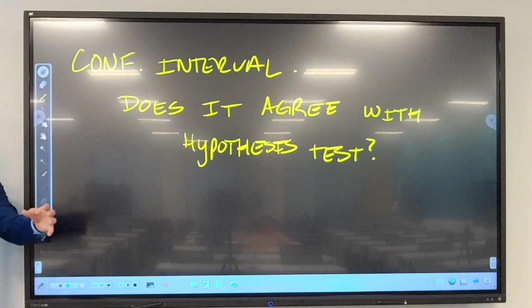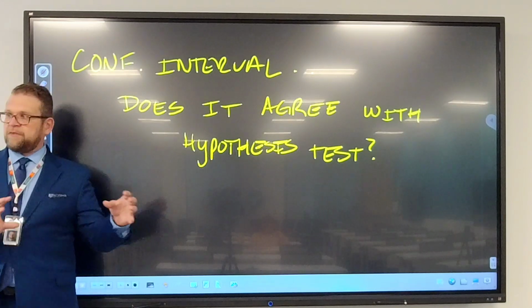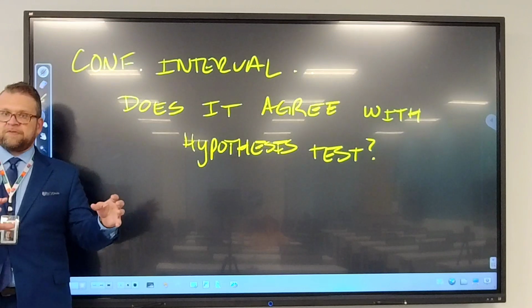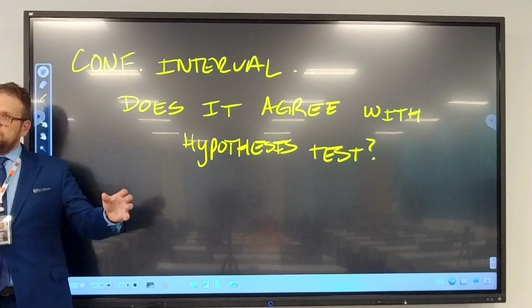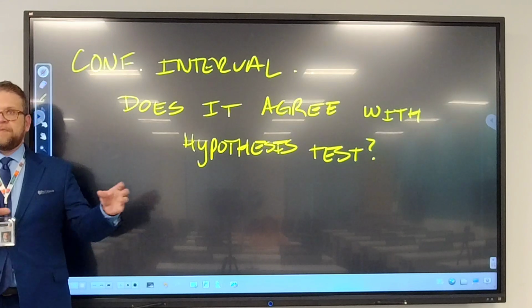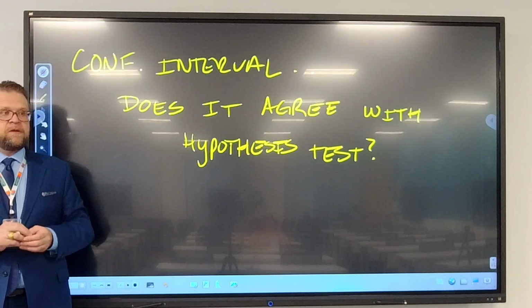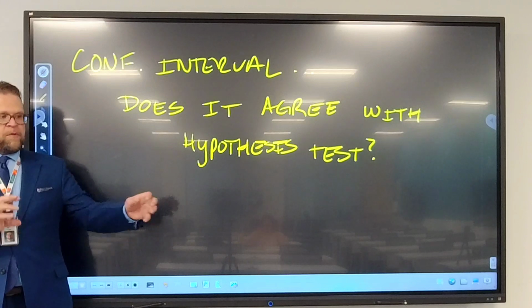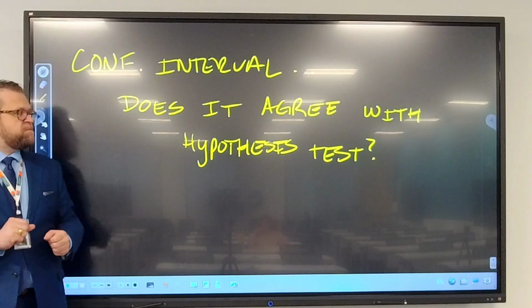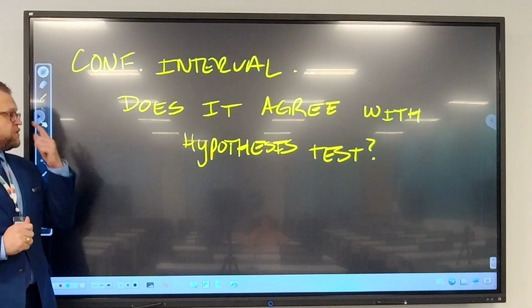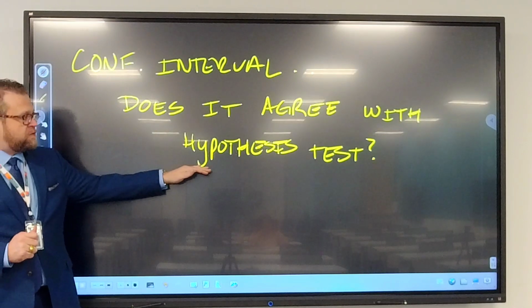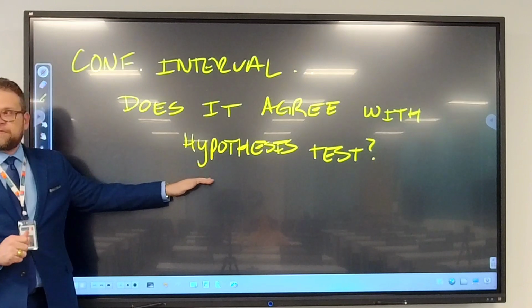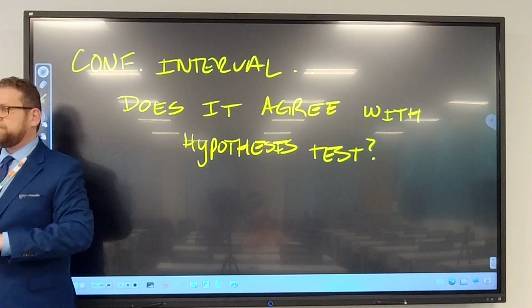It gives us a range where we think that the parameter should live, like the mean, or maybe it's the difference of these means, or maybe it's the population proportion. We get an interval where we believe the parameter lives. That was a confidence interval. The hypothesis test needed a test statistic. Where did that test statistic come from?